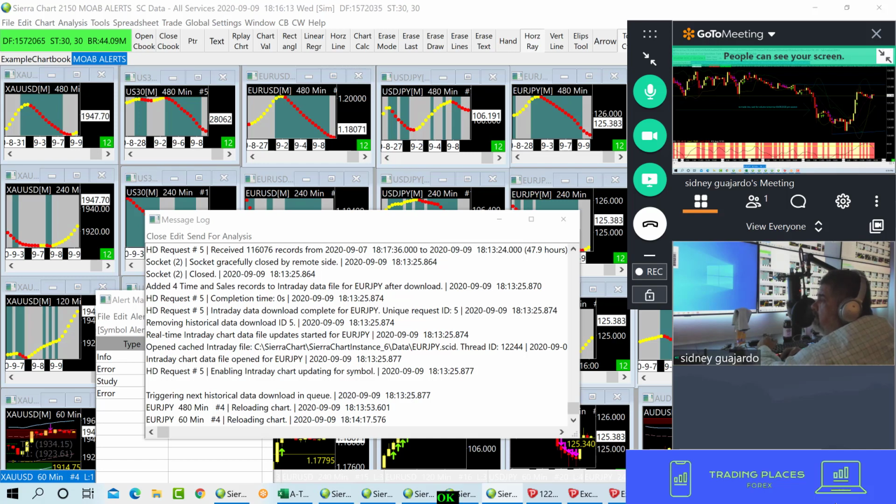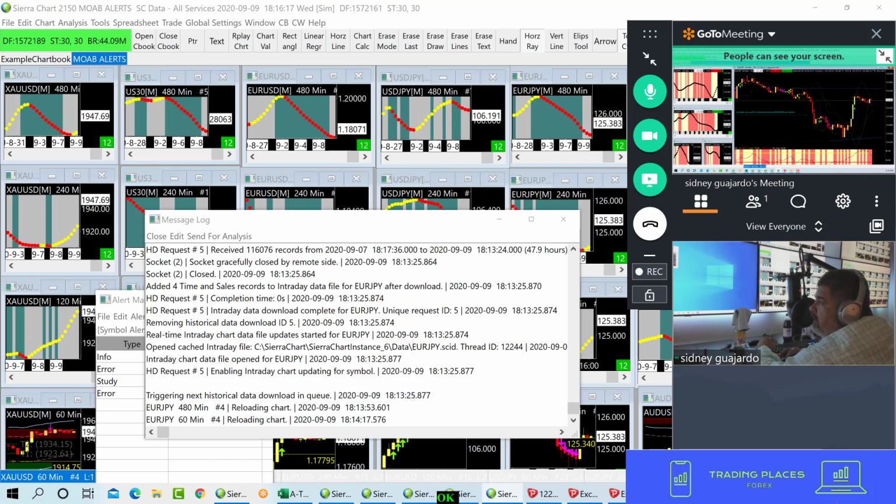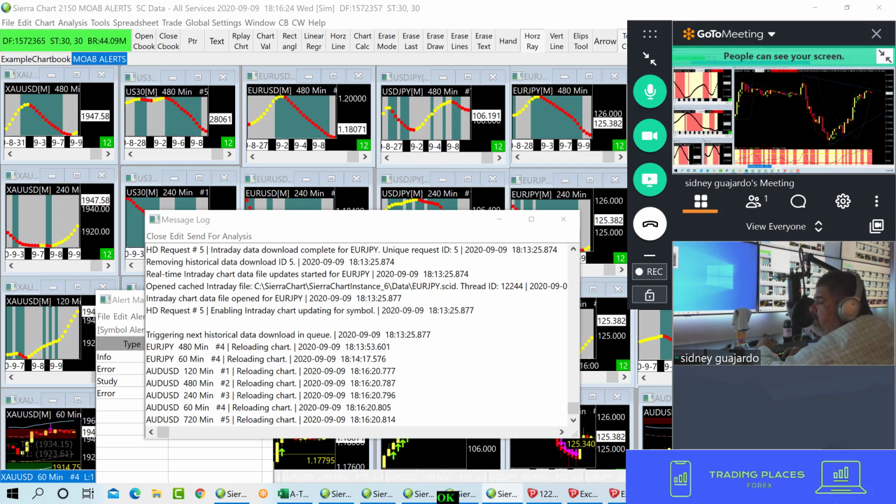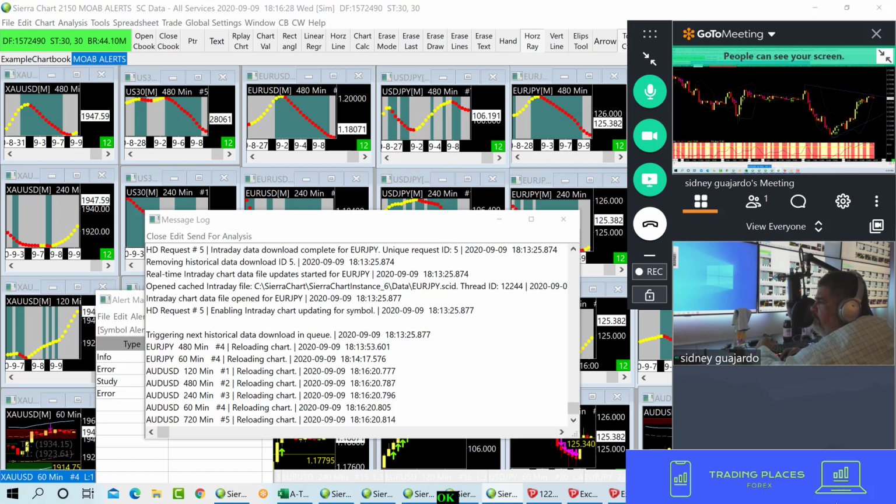All right, let's put this back here and let's go to Aussie dollar versus the US dollar. Now this one, there's no agreement, a lot of that today. So let's look at the 480 minute.